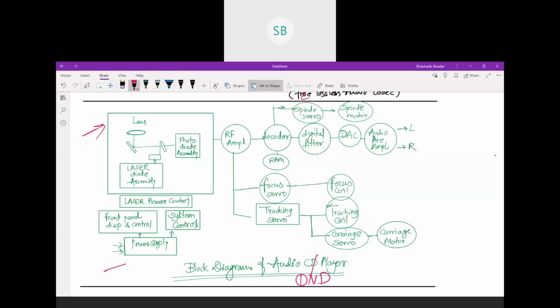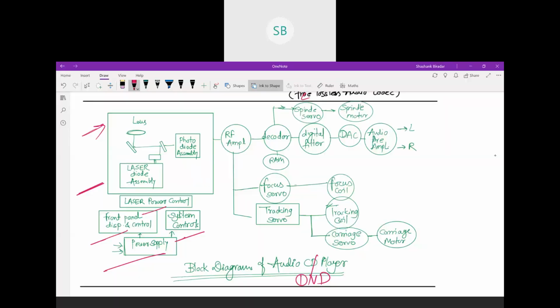The laser diode is used as an optical source, and the photodiode is used as a sensor to read the data coming out of the disk. Whatever data comes out of the photodiode assembly is given to the RF amplifier, then the decoder, then the digital filter, then the DAC, digital to analog converter, and then the analog preamplifier, and we have the stereo sound over here, the left channel sound and right channel sound.